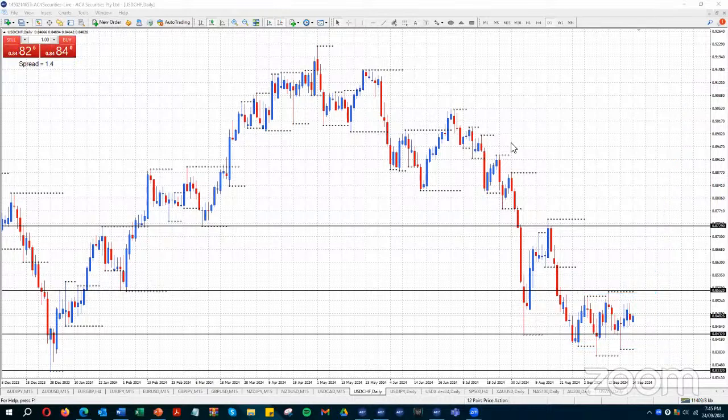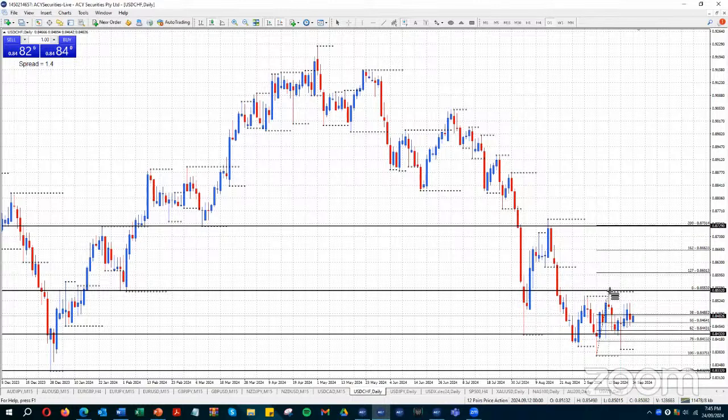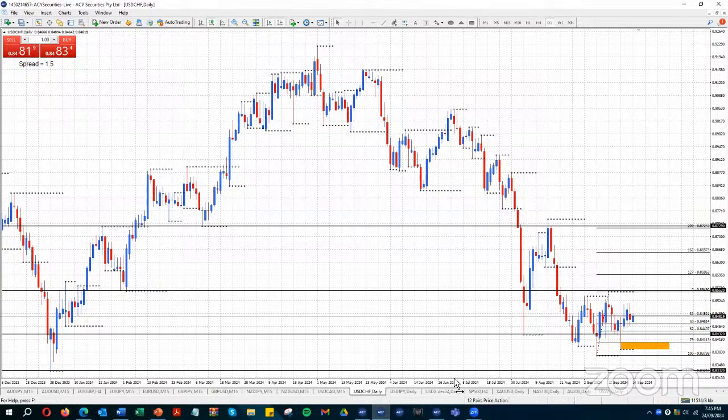If I wanted to trade this pair, which I don't, I would look to that range. Look to the 79% level into these lows. Look down there.